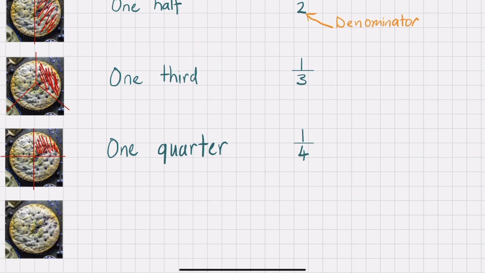Okay, so we've got one last pie here. This time I'm going to cut it into 5 equal parts. All right, let's say we've got 5 equal parts there. This is actually quite a difficult one to draw. You'll find that out when you have a go yourself.